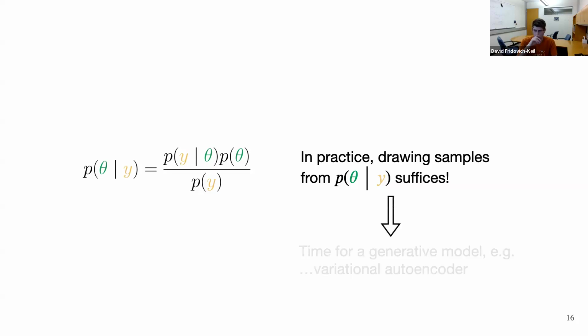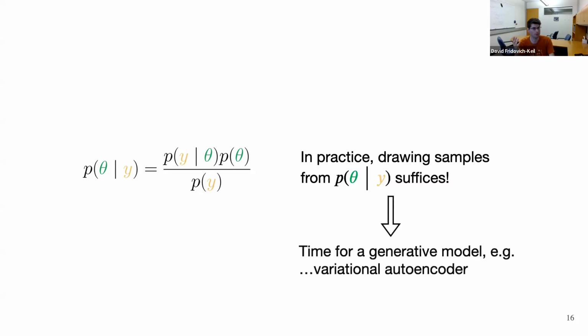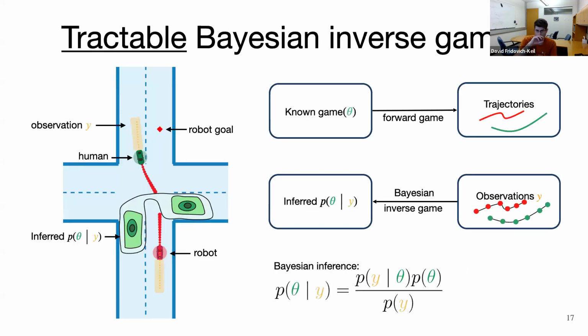And as soon as you realize that, it's natural to try to find a generative model. A variational autoencoder is a natural choice here. So let me quickly show you how that looks, and a couple of results, and then I'll open it up and we can dig into any directions folks are interested in.